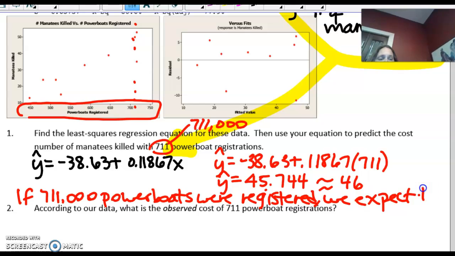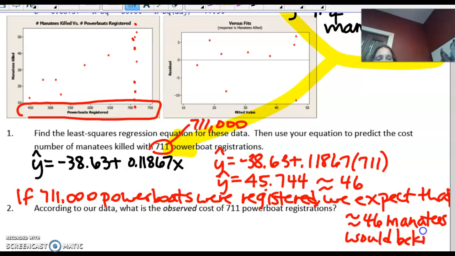It says that we don't know this for sure, but based on our data, that's what we think. We would expect that approximately 46 manatees would be killed. You can also say on average, but saying predict or expect or on average gives a signal that you know this is not a perfect relationship, but it does the best that it can.